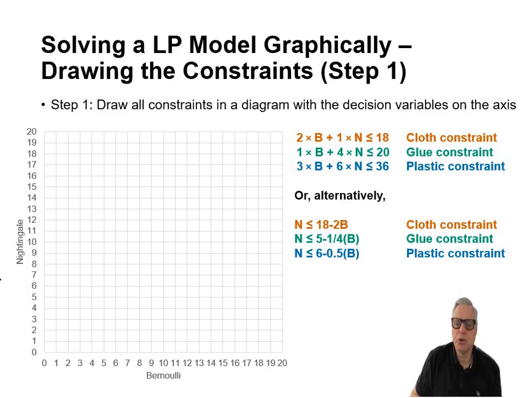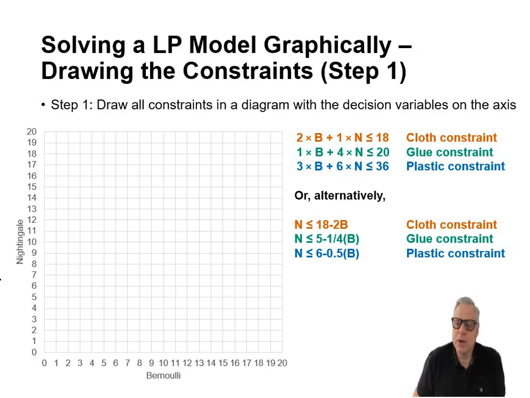In order to match these constraints, like 2b plus 1n is less than or equal to 18, or the plastic constraint 3b plus 6n is less than or equal to 36, in order to match these equations to that graph, we need to rearrange the terms such that we have n to the left side of the less than or equal sign.